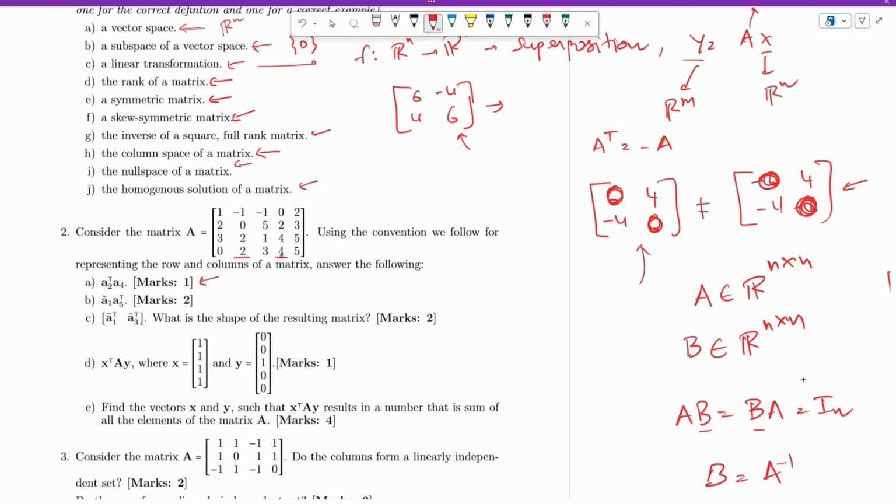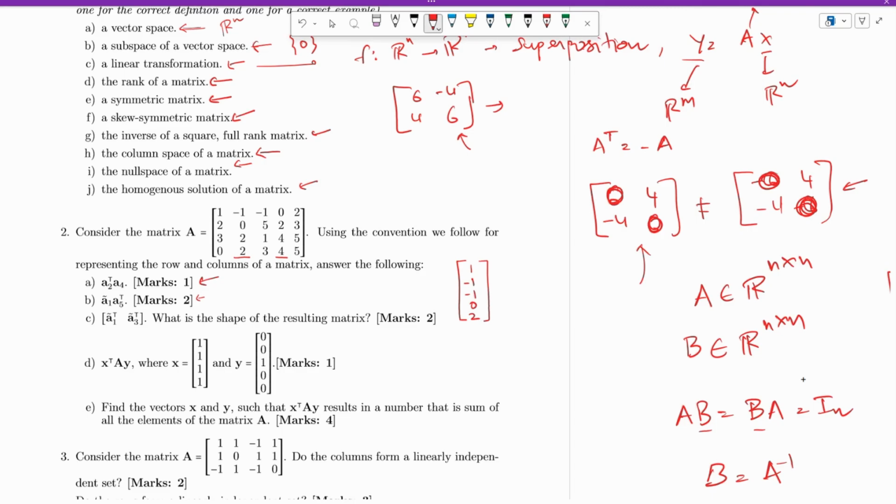What about this? First row written as a column, correct? Okay. So that will be 1, minus 1, minus 1, 0, 2.